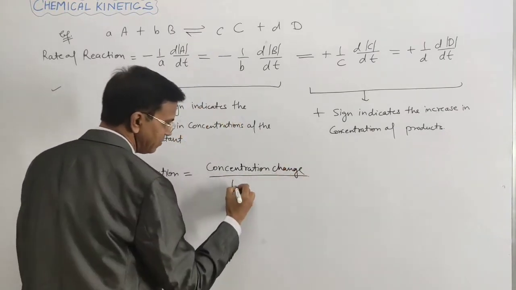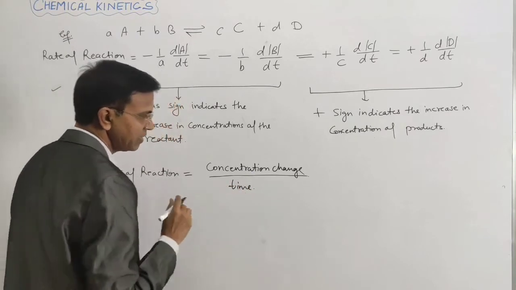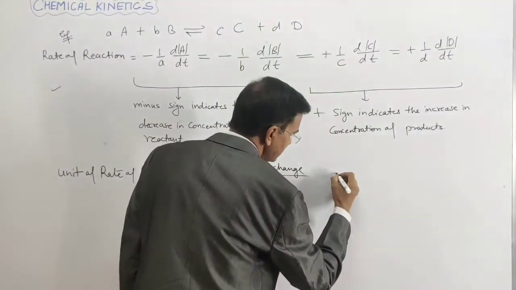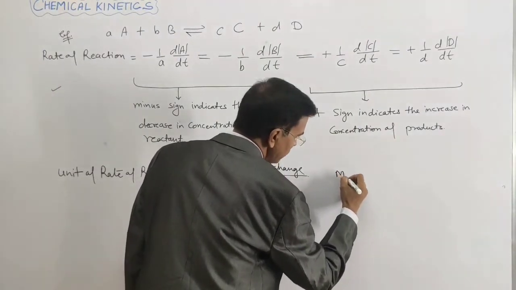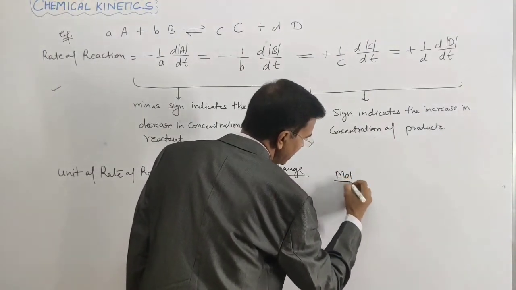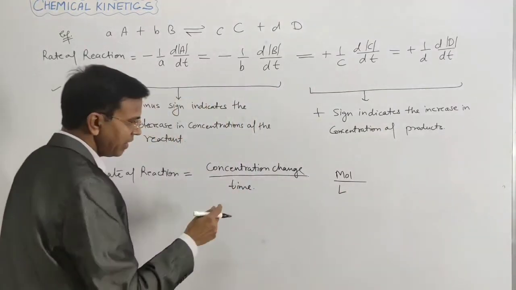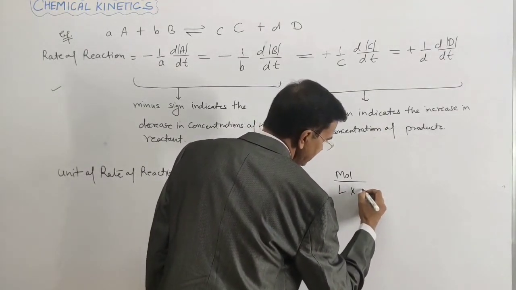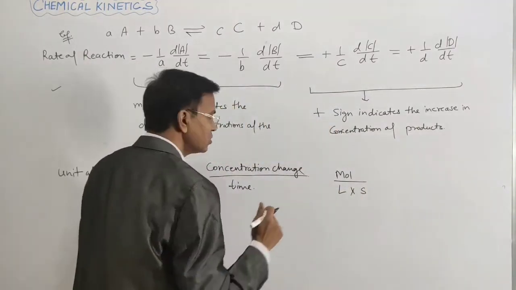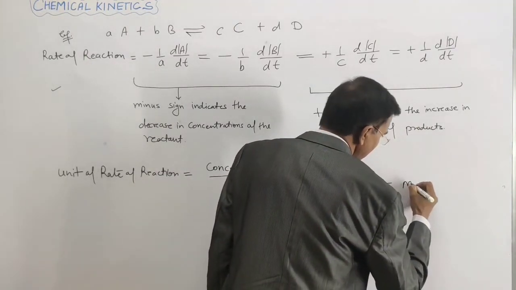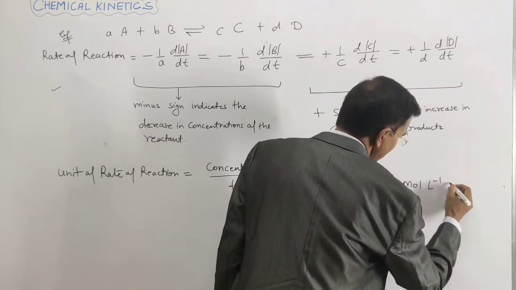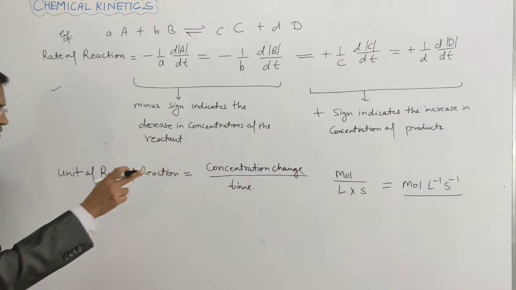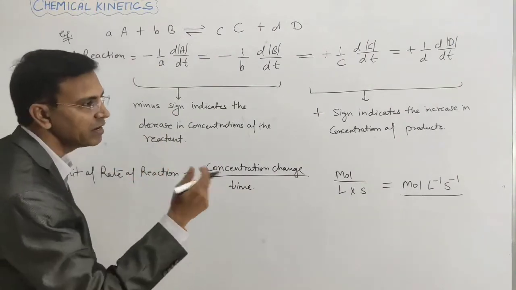Concentration is in moles per liter, it is molarity, and time is in seconds, so the unit is mol L^-1 s^-1. Clear? So this is the unit of the rate of the reaction.